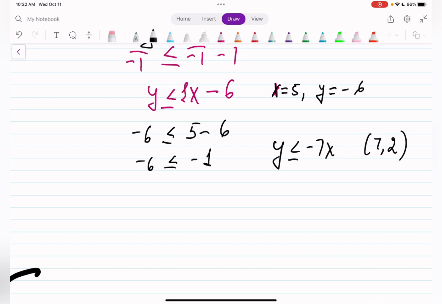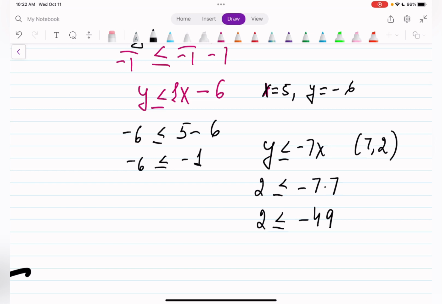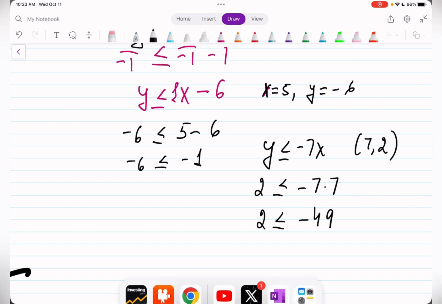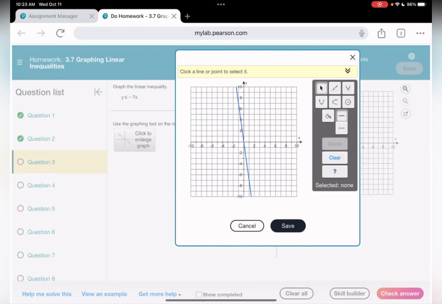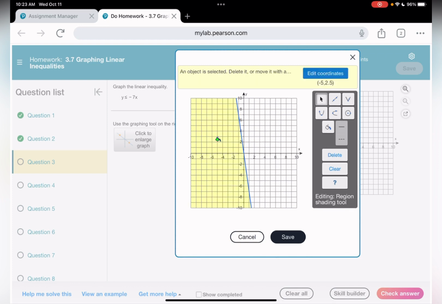And what do I get? 2 is less than or equal to negative 7 times 7. I'm getting 2 is less than or equal to negative 49, which is a joke. 2 cannot be less than or equal to negative 49, which means the other half, to the left of the graph, is going to be the case. If we take any pair of numbers to the left of the graph, it's going to be a solution.